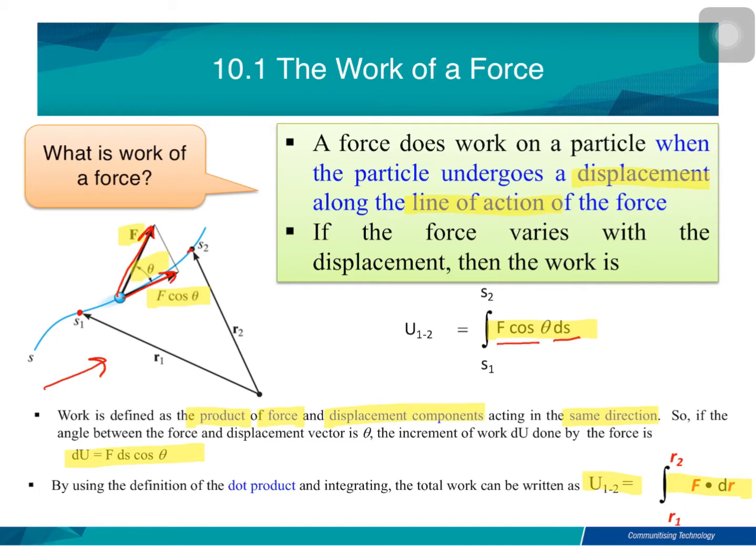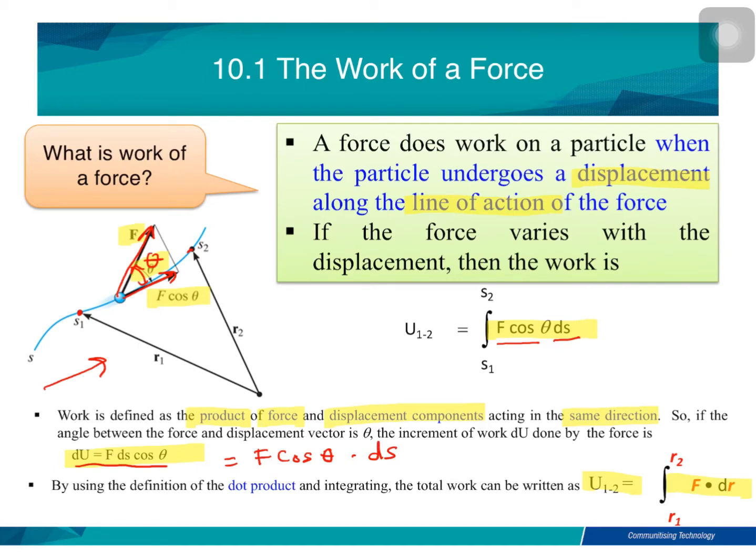Work is defined as the product of force and the displacement component in the same direction. If the angle between the force and the displacement is theta, the incremental work done by the force is dU equal to F ds cos theta, or you can have F cos theta ds.